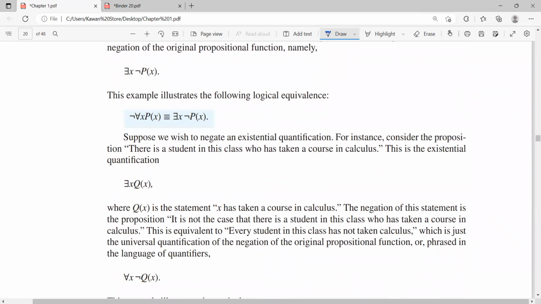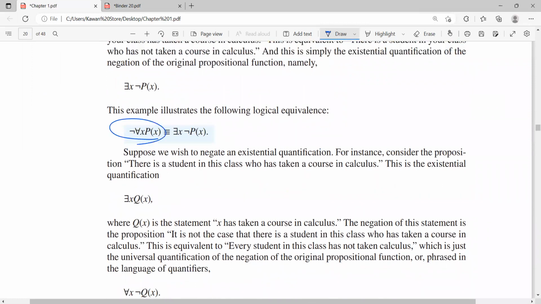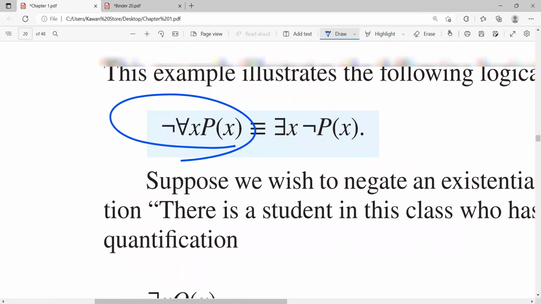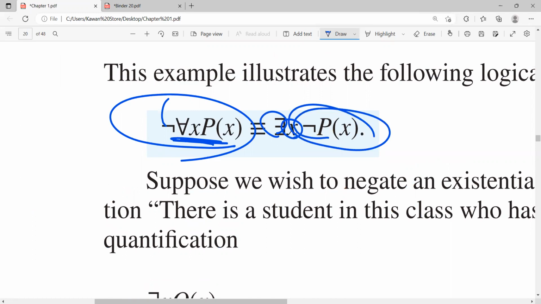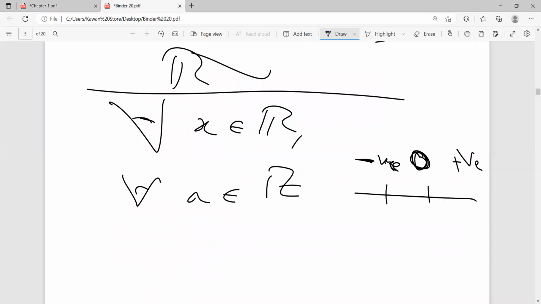Look, negation of for all is what? You can see. Negation of for all is there exists X not in P. How about the negation of there exists?